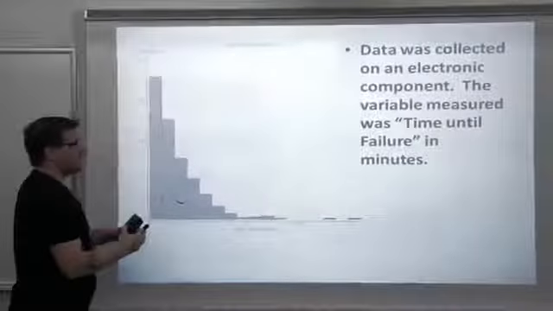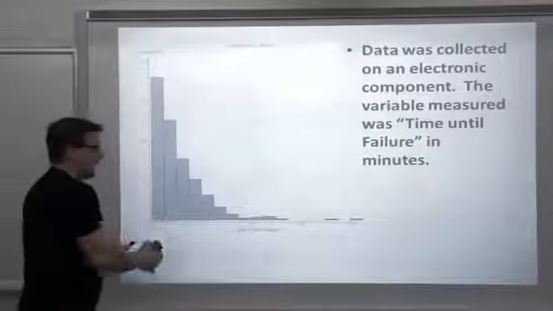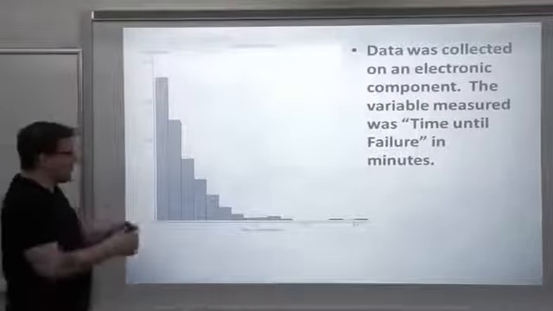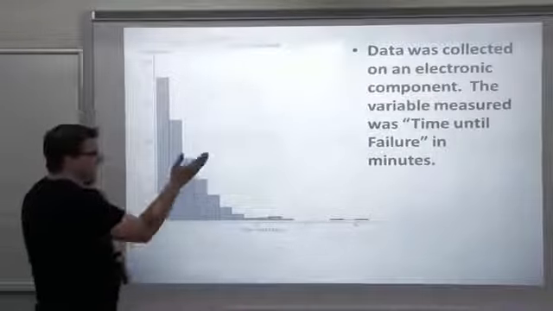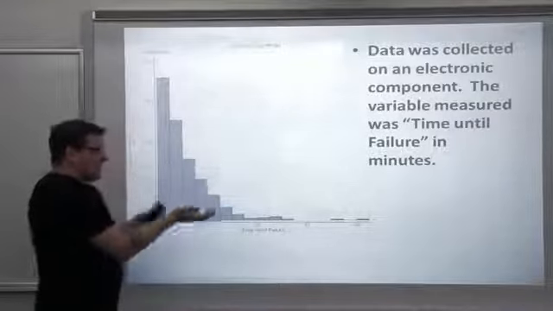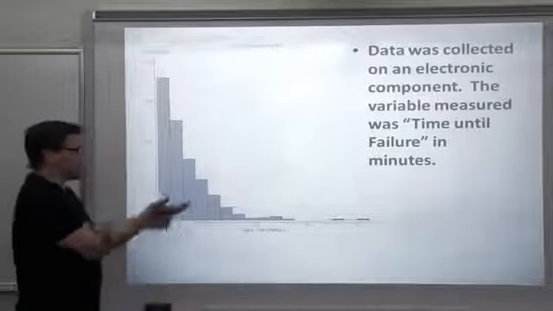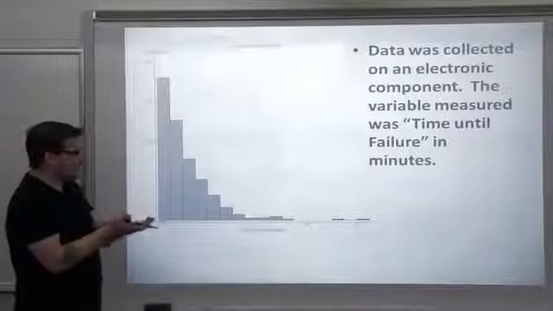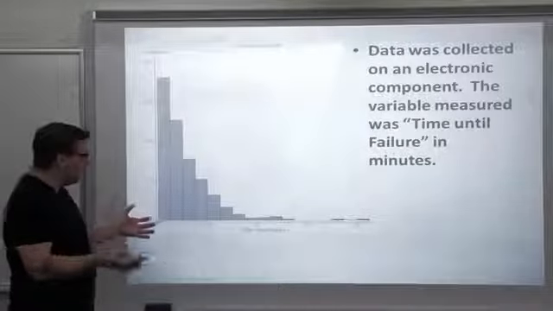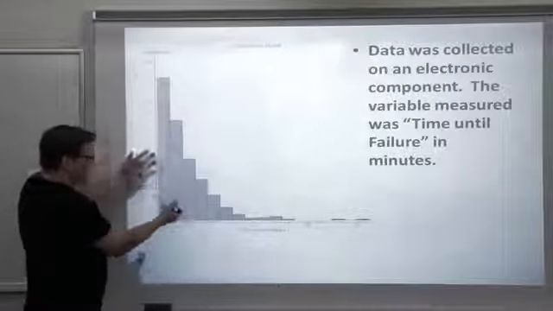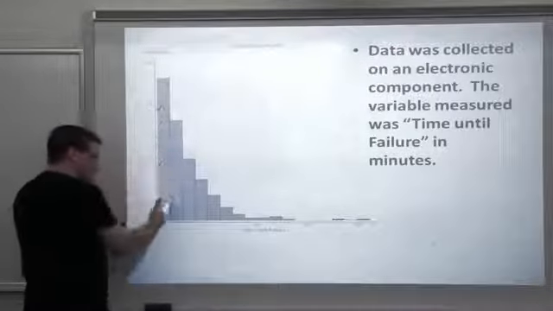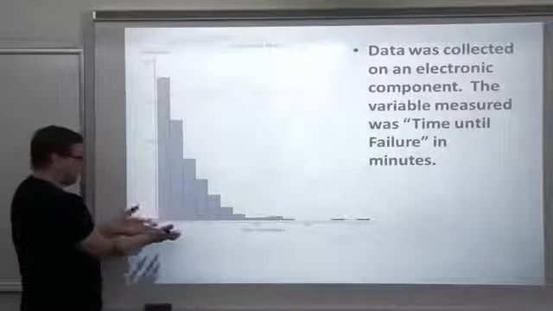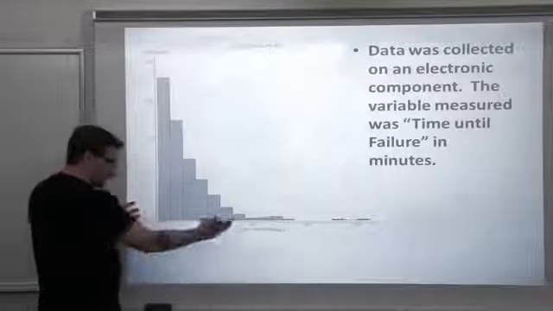All right, here's this example. Data was collected, say we manufacture an electronic component, something that goes in a computer, a little chip or something. And the variable measured was time until failure. So maybe this component's in the design stage and engineers are running tests, how long till this thing blows out. The data's in the histogram here, all the blue bars, and you can see most of these components are blowing out very quickly.